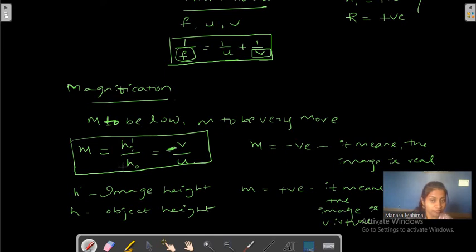The magnification formula is related through a negative sign of V to U. Please go through the formulas whatever I told, and mark down what I told you. After reading this, you can easily solve the problems which I will discuss in my next video.